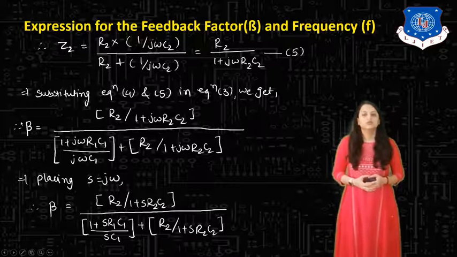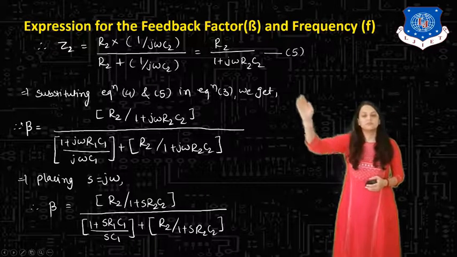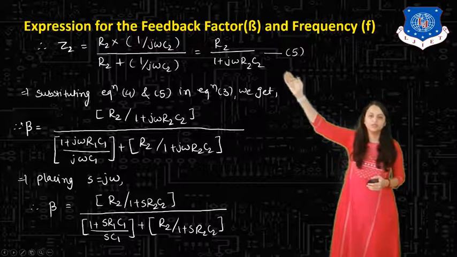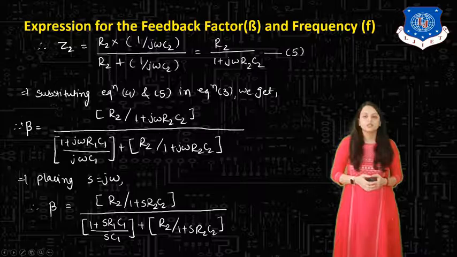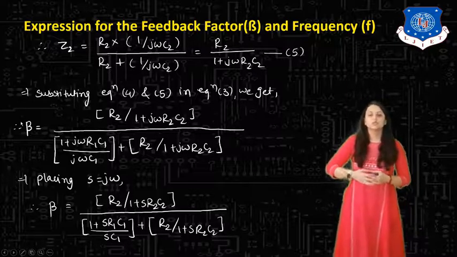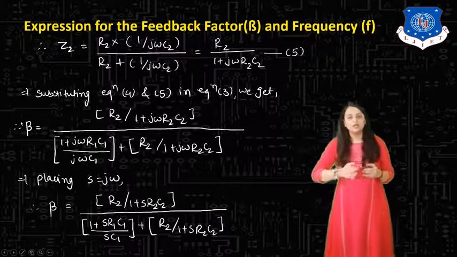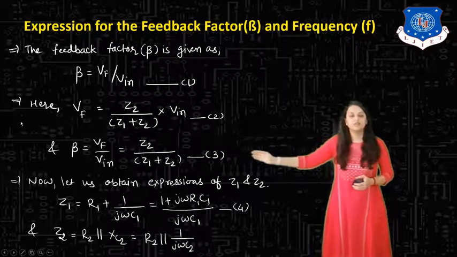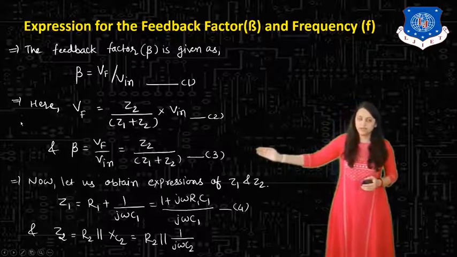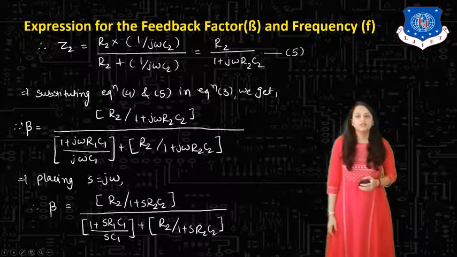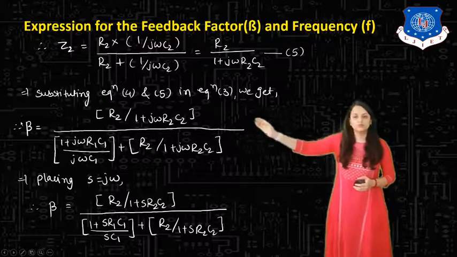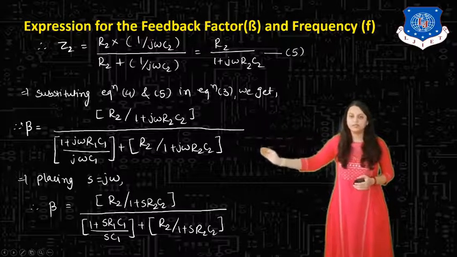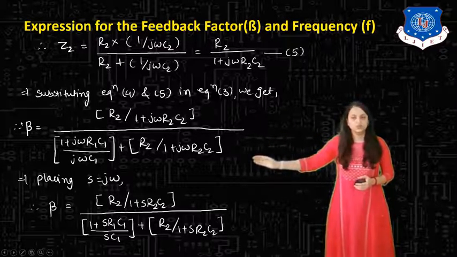Now, Z2 is given as, if we simplify it, R2 upon 1 plus j omega R2 C2, that is equation number 5. If we substitute the values of Z1 and Z2 in equation number 3, then we will get beta equal to R2 upon 1 plus j omega R2 C2 divided by addition of these two.